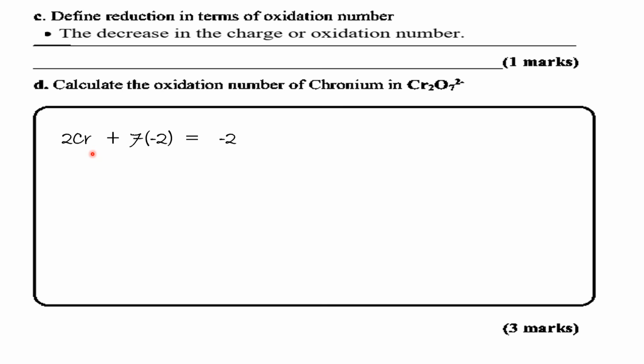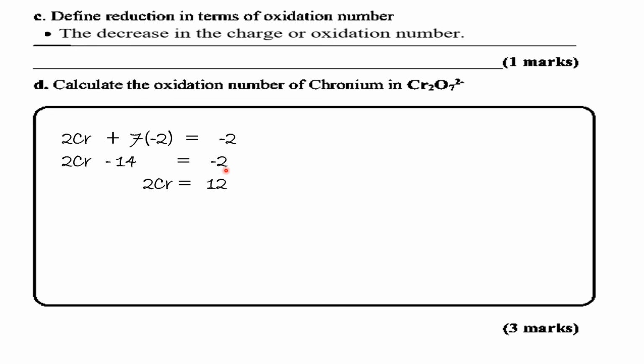Simplifying this will give us twice the oxidation state of chromium, minus 14, which is 7 times 2, is equal to minus 2. Solving for chromium, twice the oxidation state of chromium is equal to 12.